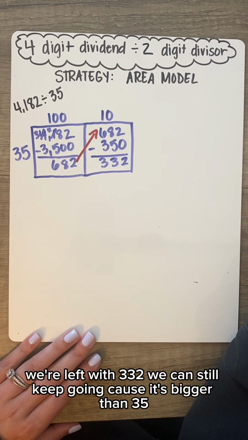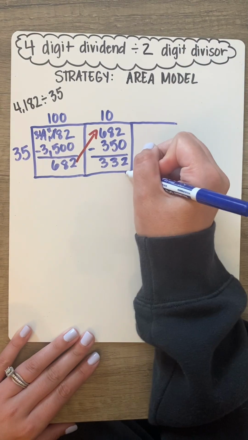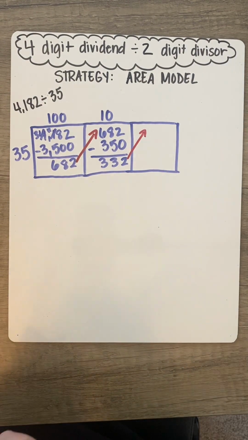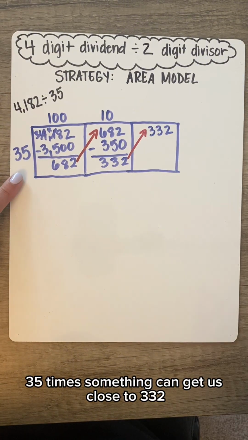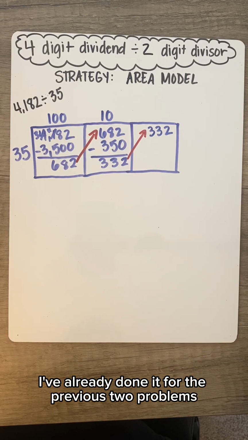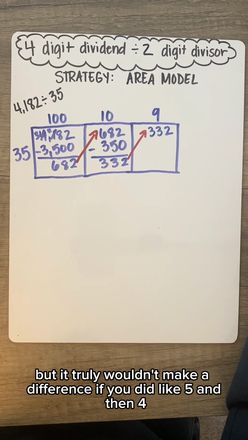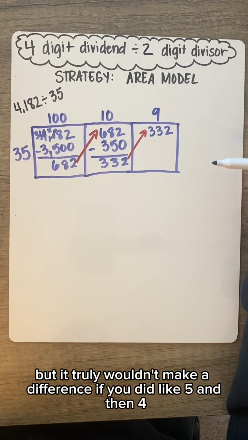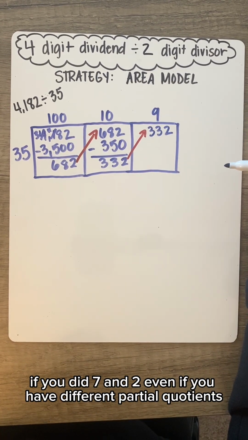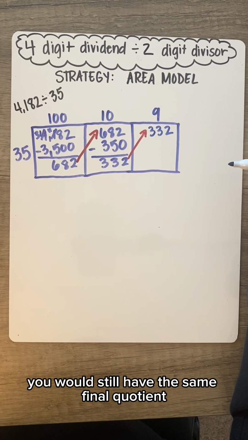We can still keep going because it's bigger than 35, so we're going to draw our next box. 35 times something can get us close to 332. I've already done it for the previous two problems, so I'm going to use 9 again. But it truly wouldn't make a difference if you did like 5 and then 4, or if you did 7 and 2. Even if you have different partial quotients, you would still have the same final quotient.